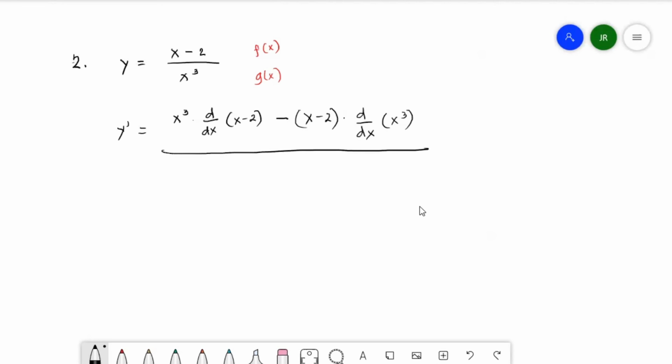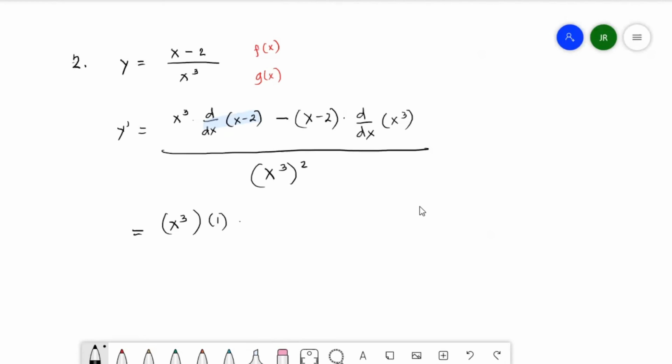So, over, squared mo lang or raise mo lang sa 2 si denominator mo, which is x cubed raised to 2. So, that is equal to, kunin ang derivative, x cubed, just copy. Kunin ang derivative ni x minus 2. Then multiply by, derivative of x is 1 minus derivative of 2 is 0. So 1 minus 0 is 1 lang po.